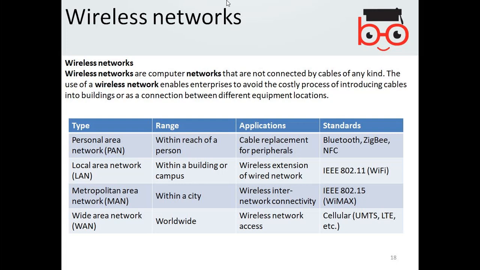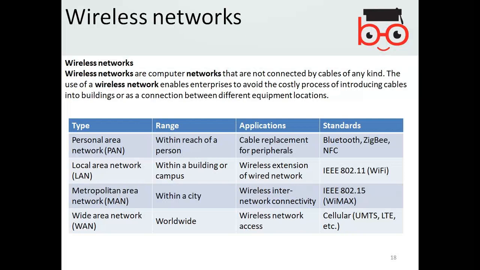You probably have not seen 802.15 devices. Probably the bigger, very advanced, specialized devices that companies or big enterprises might be using in order to provide a wireless network at the city level.